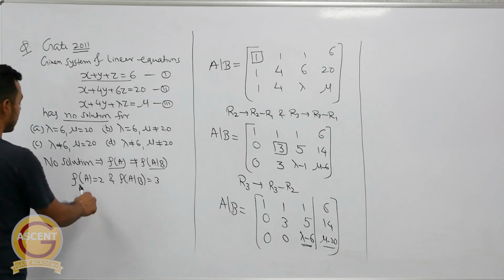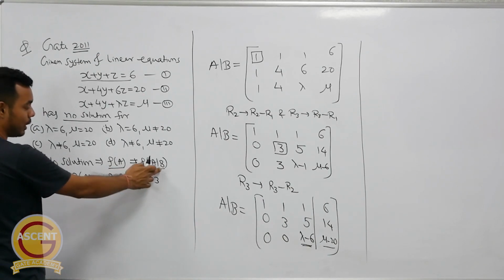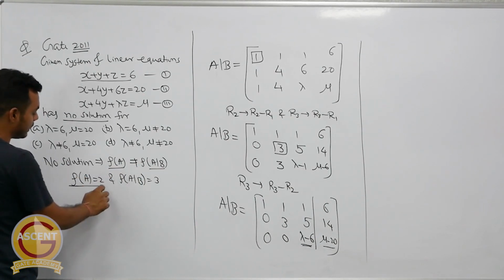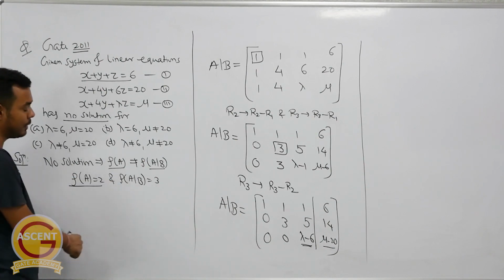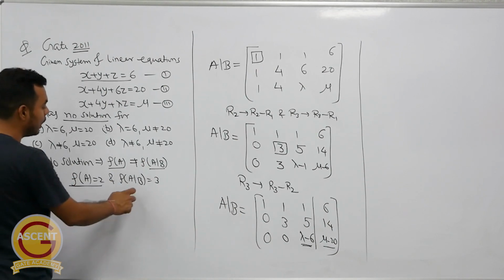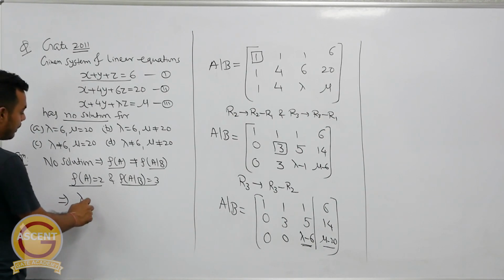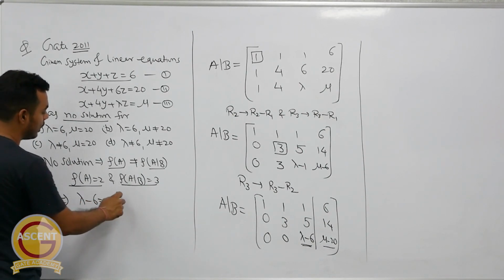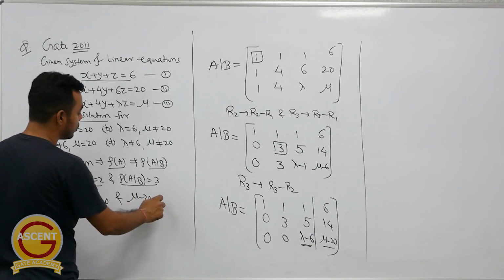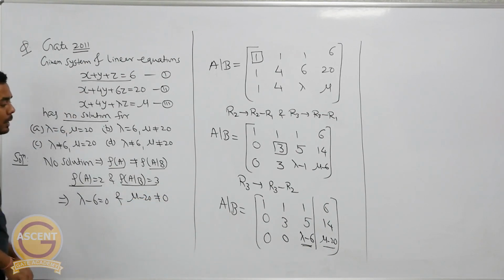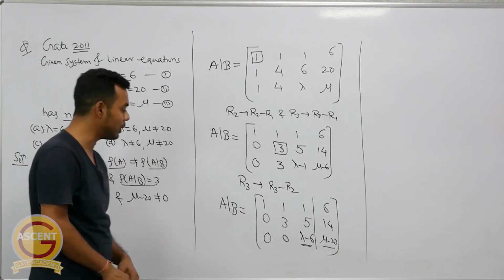So for no solution, the rank of A should not equal the rank of A|B, which means rank of A should be 2 and rank of A|B should be 3. So this implies lambda minus 6 is 0 and nu minus 20 is non-zero. Only then will this system of linear equations have no solution.